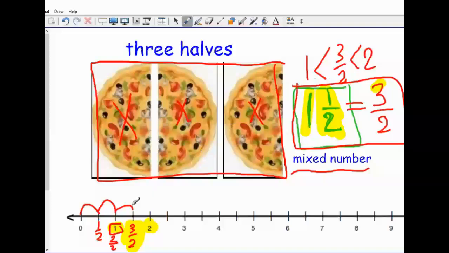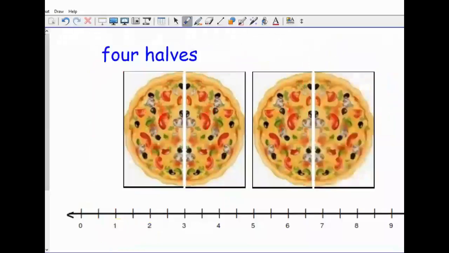Okay, and we can count in steps of 1 half on the number line like this: 1 half, 2 halves, 3 halves.